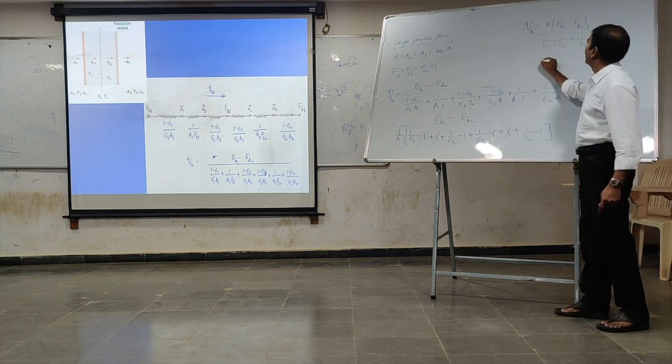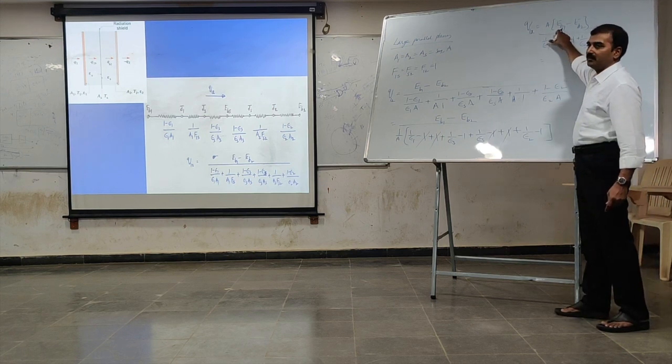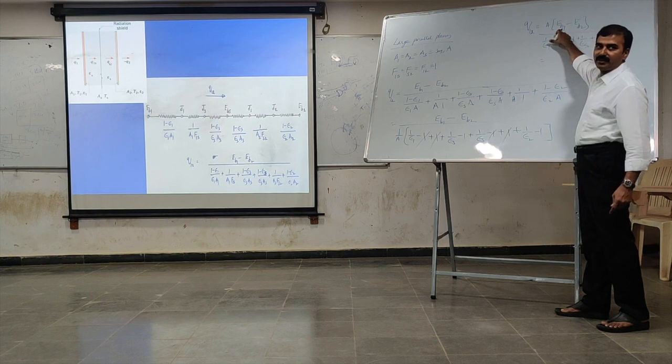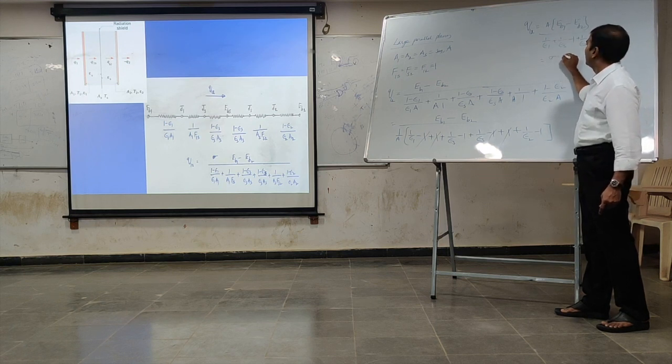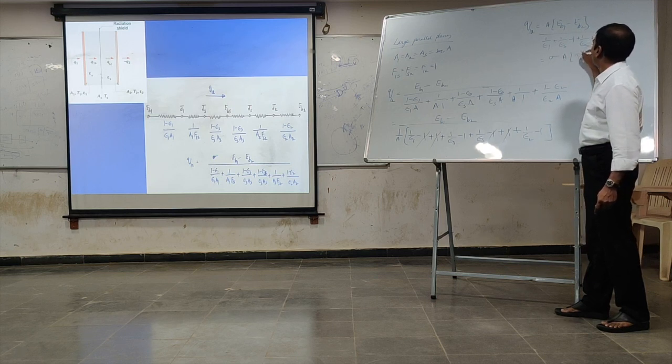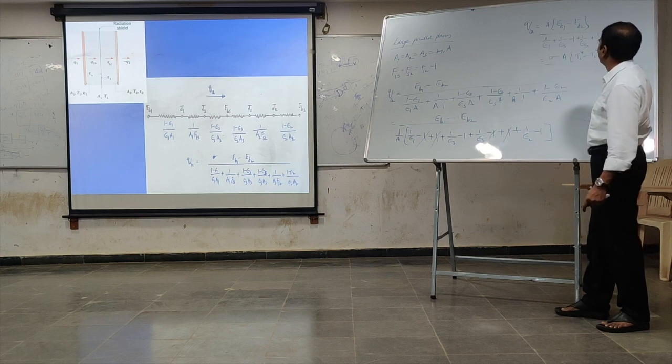Now the numerator EB is sigma into T1 to the power 4. So sigma into A into T1 to the power 4 minus T2 to the power 4 is the numerator.